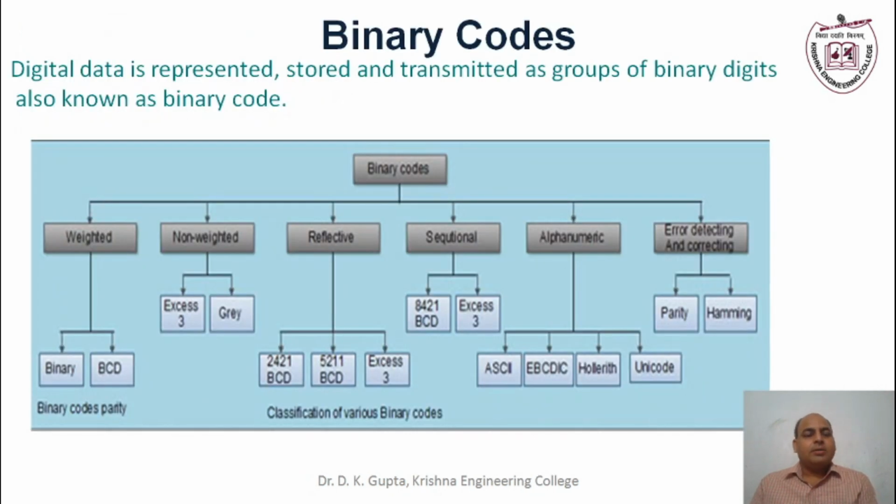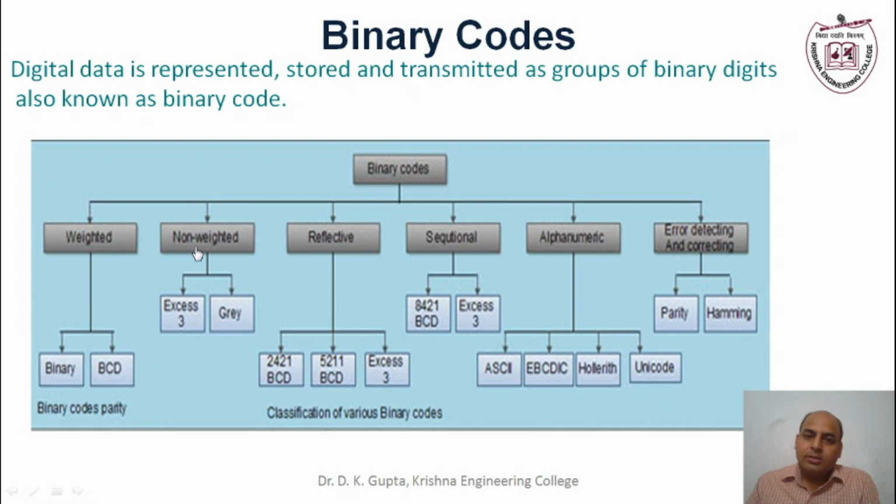So in digital data, we can represent, we can store, we can transmit the various digital information in the form of different binary groups. They're called binary codes. So here we have numerous types of codes. We can classify them according to different categories. For example, here we have two different types, weighted code and non-weighted code.